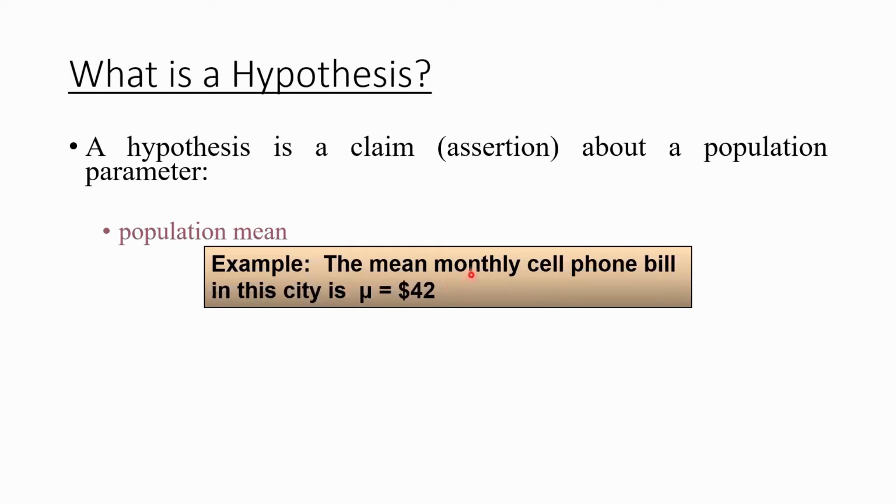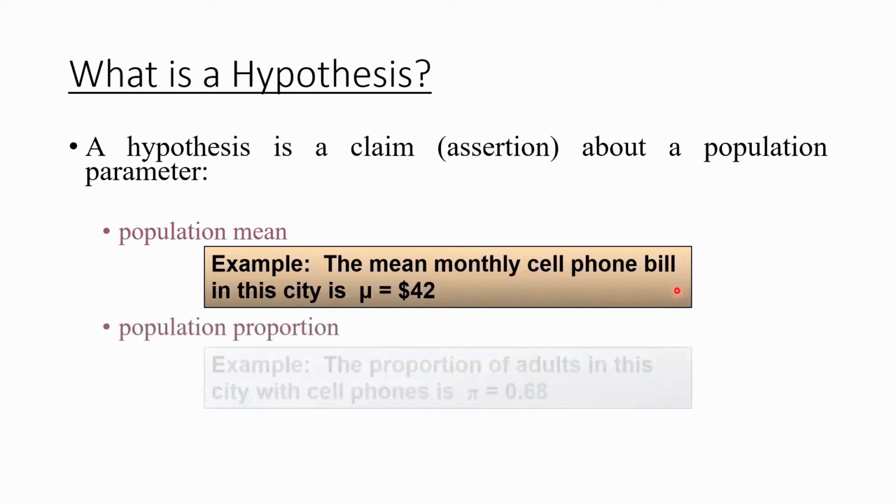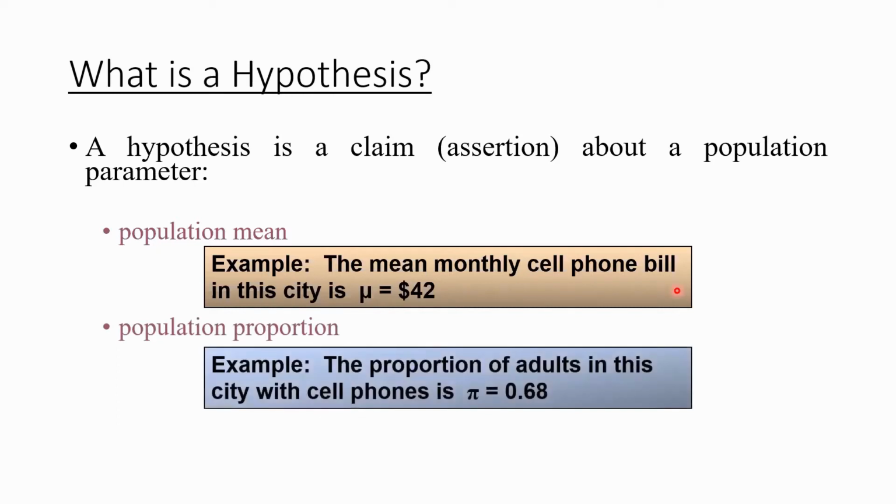The population mean of monthly cell phone bills. If you consider population proportion, this could be another example of a hypothesis. The proportion of adults in this city with cell phones is pi equals 0.68. So a hypothesis, remember, is a claim about a population parameter.